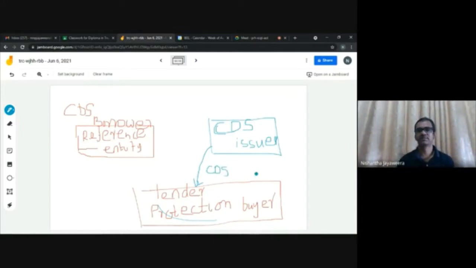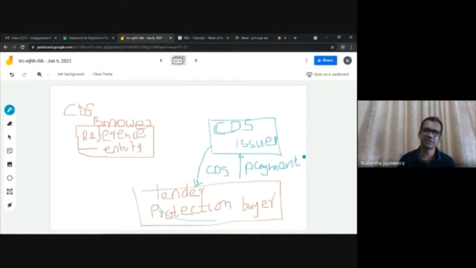But since this is a sort of insurance, it doesn't come for free. To get that, the lender has to make a payment. What is that payment?